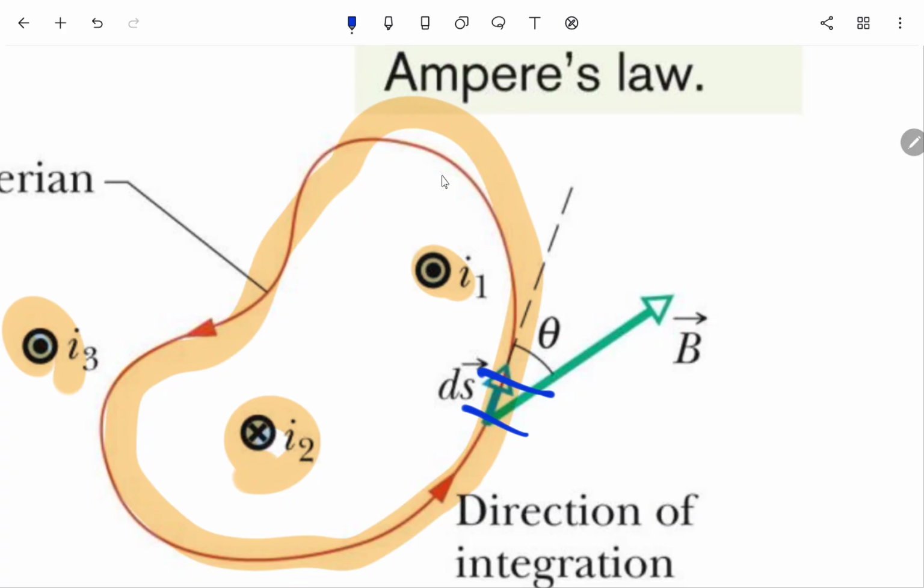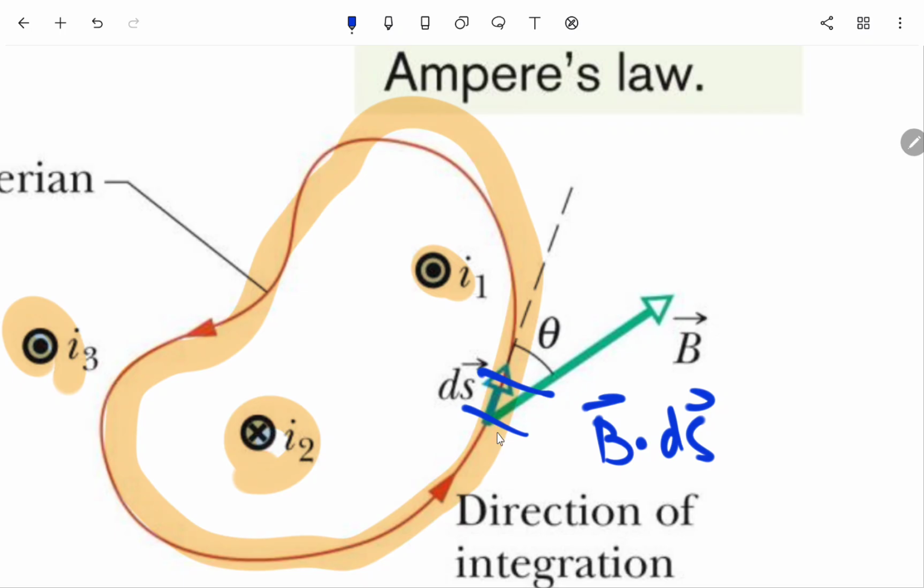In this way, the current is counterclockwise, so ds is pointing to the top right. If at this point the B field is pointing to this side, we calculate B dot ds for this segment, and also for all the segments. For different points, B dot ds may be different or maybe the same. It depends, but generally it may not be the same.